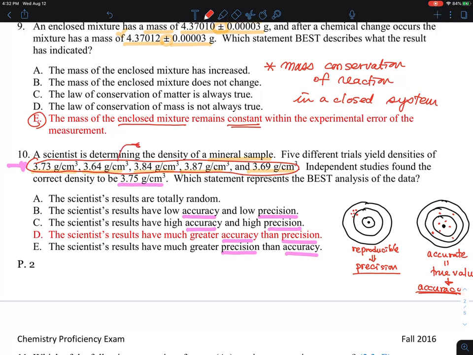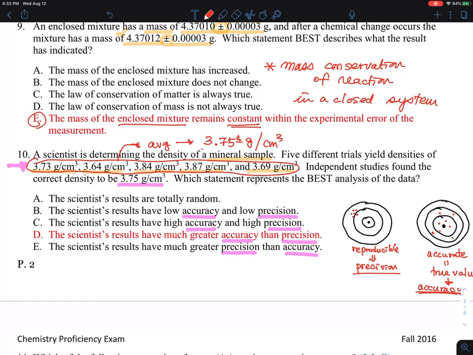If you're looking at these measurements, I can take these 5 numbers and take the average. Just add them up and divide by 5, and you will get 3.75 grams per cubic centimeter, and then I can put an extra digit that a calculator can give you.